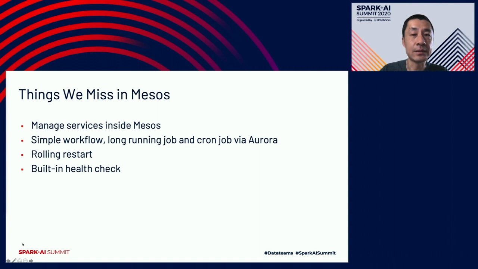Mesos plus the job submission system, Aurora, provides a lot of functionality. It can support simple workflow, long-running job, and clone job very well. It supports rolling restart, and it has built-in application health check. All of those are missing in Yarn, and we have to rely on external workflow systems, such as Pinball and Airflow, and sometimes customized scripts to achieve those.